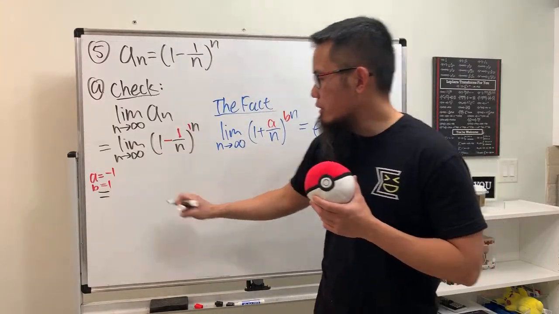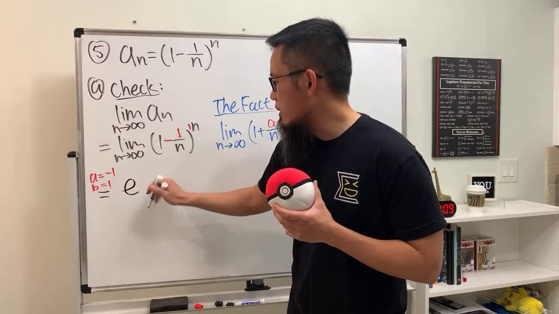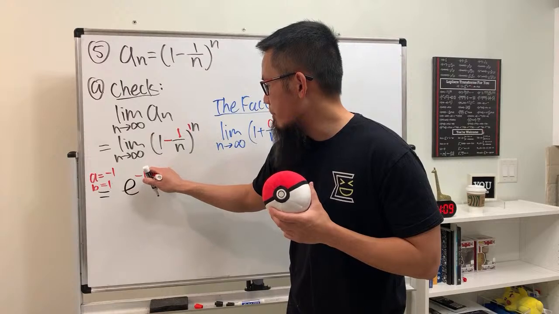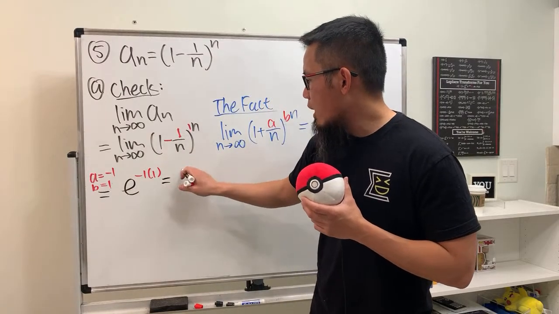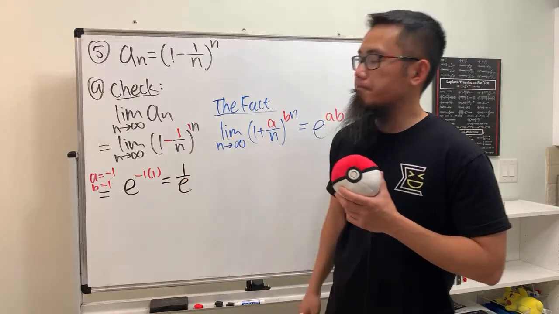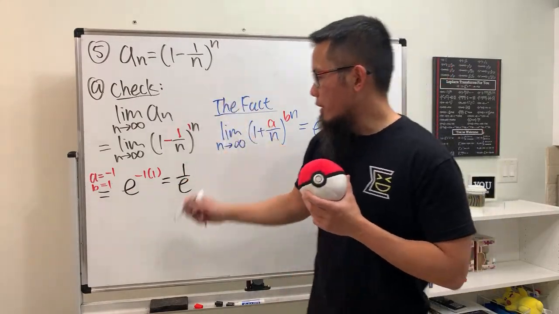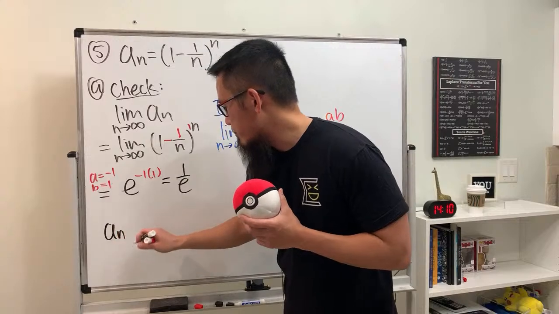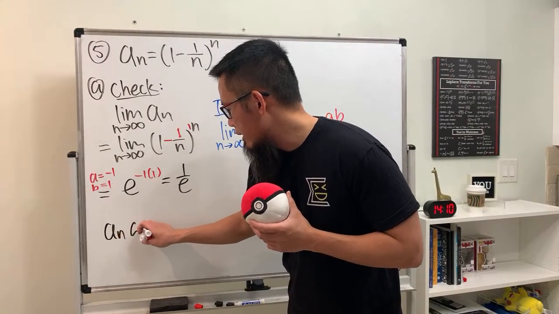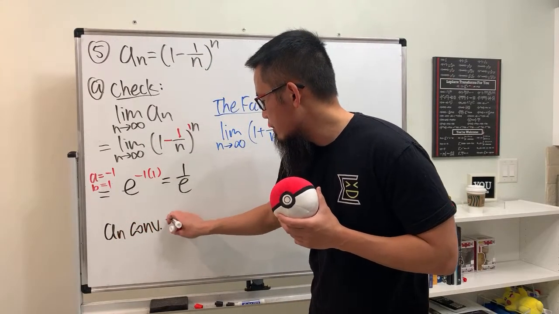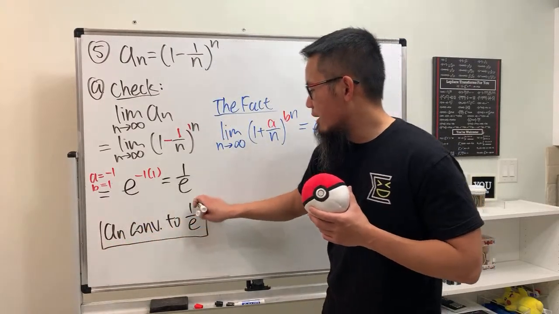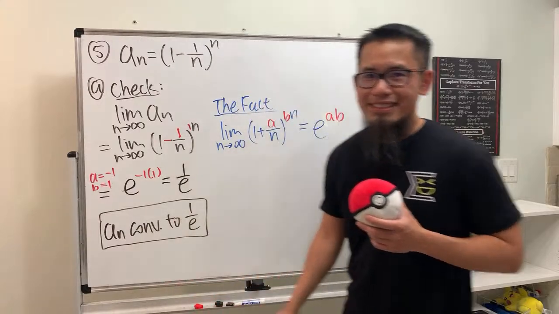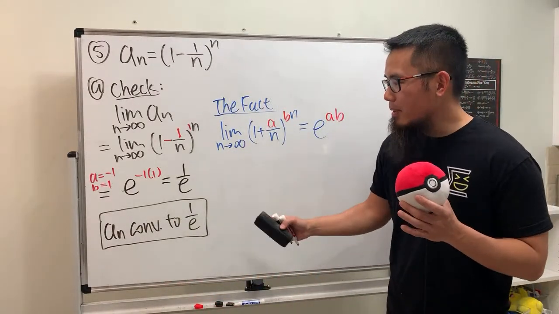All in all, this is equal to e to the -1 times 1 power, which is just e to the -1, and that's 1 over e. Therefore, we know that a_n does converge, and a_n converges to 1 over e.